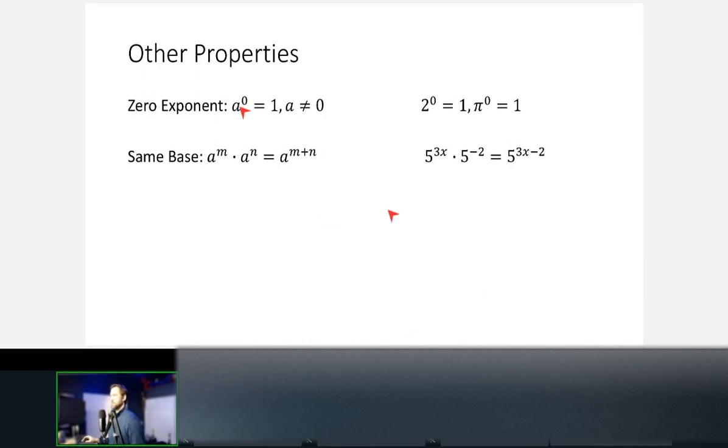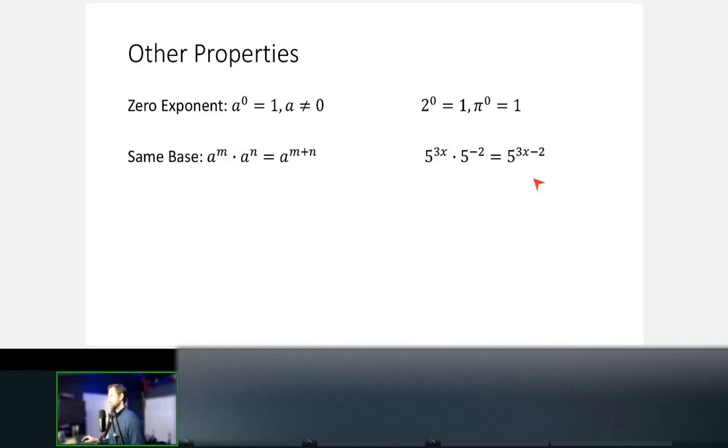Zero exponents. So anything to the 0 power is equal to 1. And of course, for this to be true, your base can't be 0. So 0 to the 0 power doesn't equal 1. So anything to the 0 power other than 0 is equal to 1. That's important to know. And then whenever you multiply and you have same bases, you add exponents.